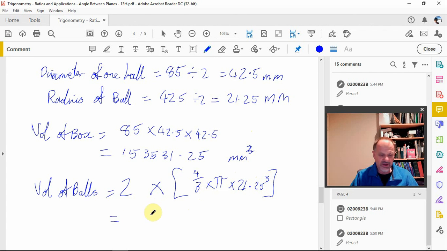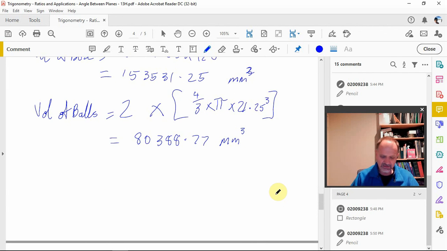You get your calculator out and you work that out, and that comes out to 80,388.77 millimeters cubed.